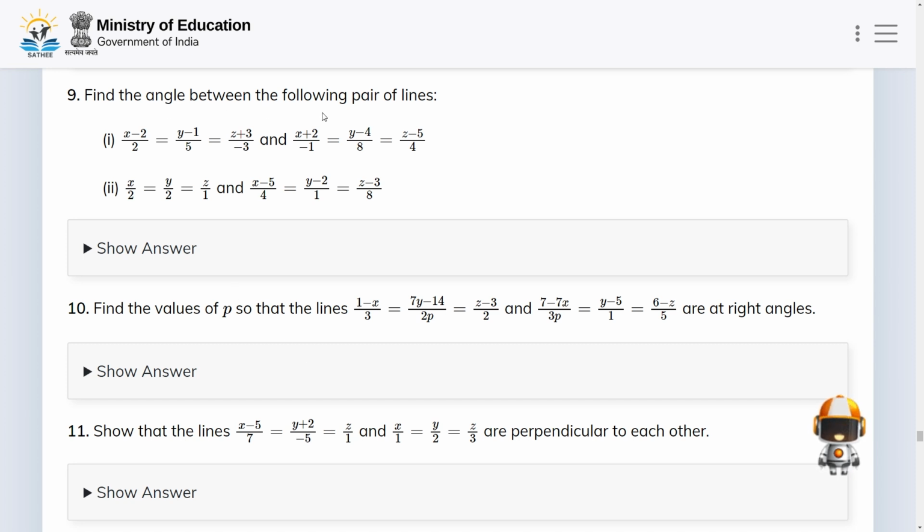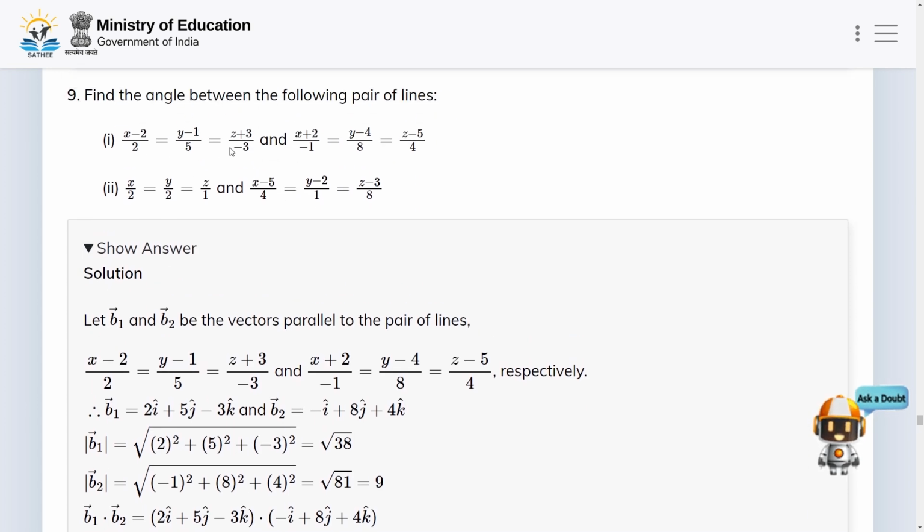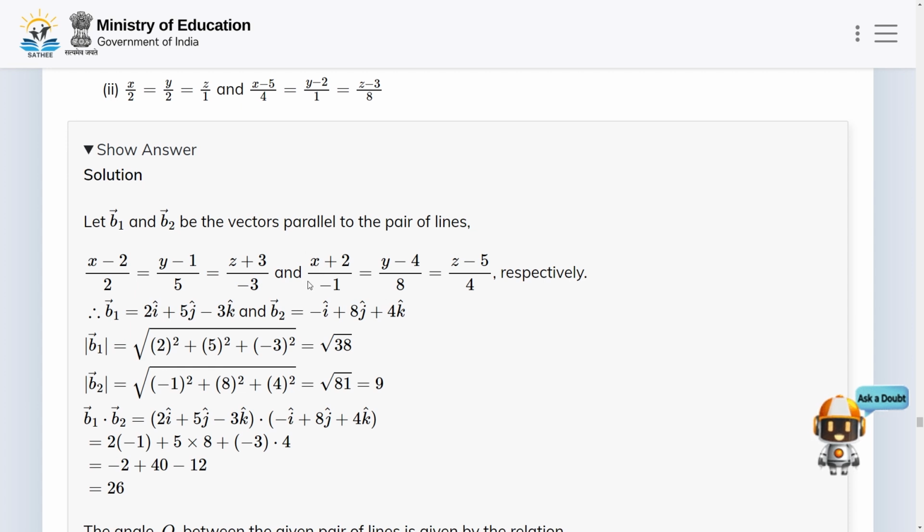Find the angle between the pair of lines. Very simple, the same thing we have to do, but here you are given that the equation is in Cartesian form. Okay, no problem. You know all the necessary steps. So B1 will be 2i hat plus 5j hat minus 3k hat, and B2 can be formed using these scalars.